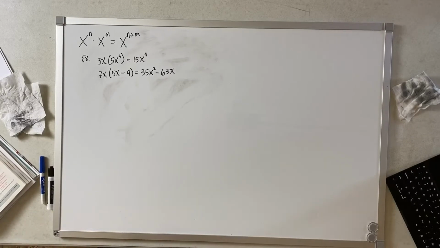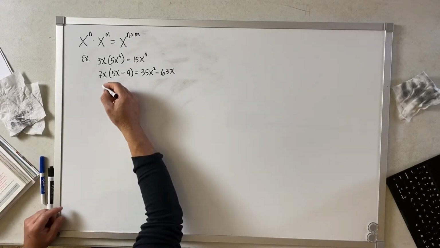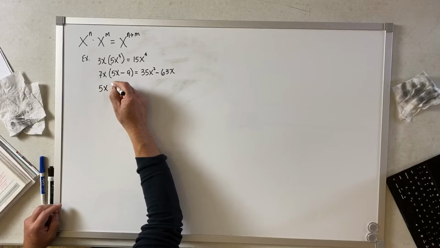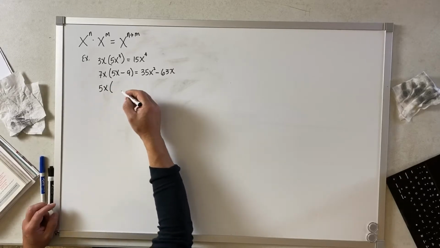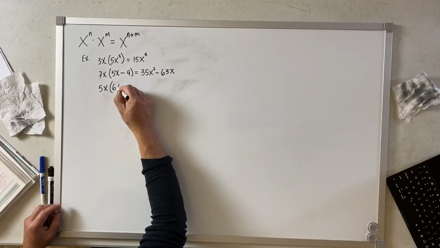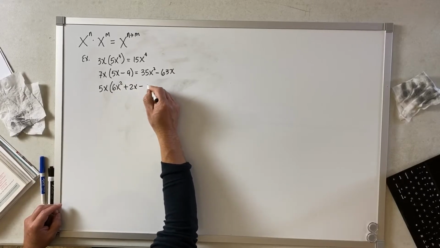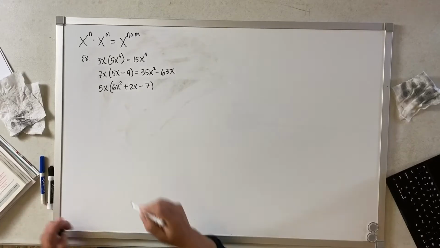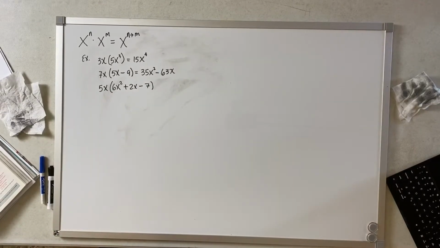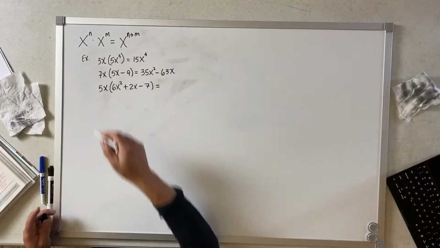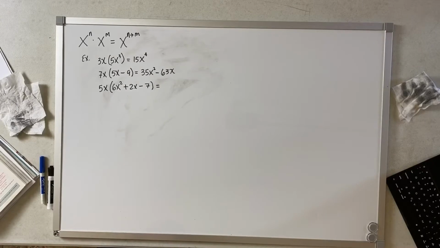Let's multiply a monomial, 5x, times a trinomial, 6x squared plus 2x minus 7. By distribution, we're going to distribute and apply the product rule for exponents.